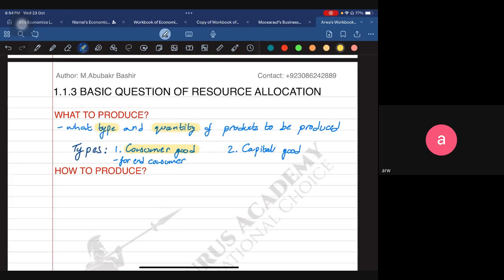Like I repeat my question, consumer goods are basically for the current generation. What does this mean? If I try to relate it with capital goods, I can make a connection, because capital goods can last for a long time. It takes time for them to wear out.